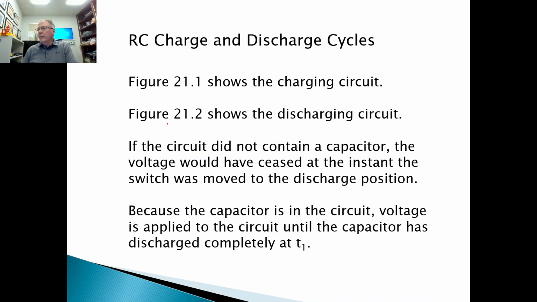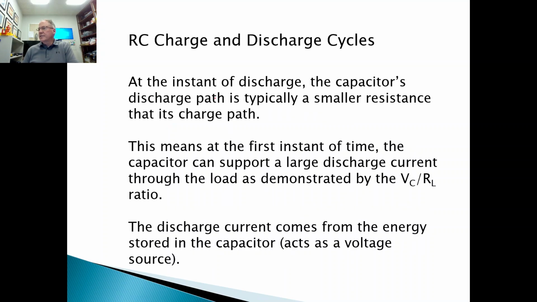So at the instant of discharge, the capacitor's discharge path is typically a smaller resistance than its charge path. This means that at the first instant, the capacitor can support a large discharge current through the load, as demonstrated by the VC over RL ratio.